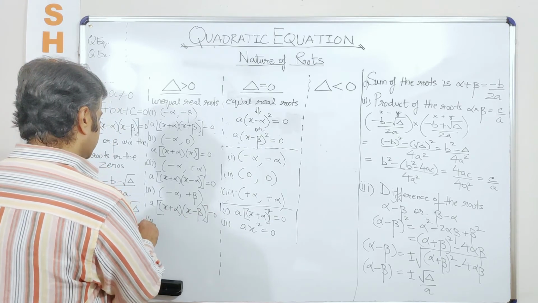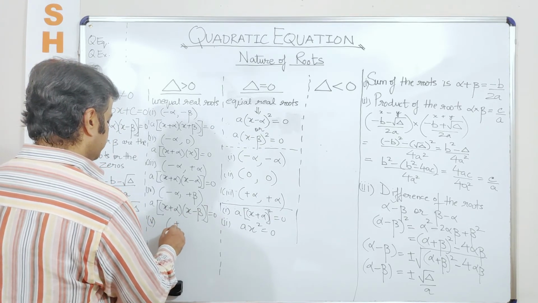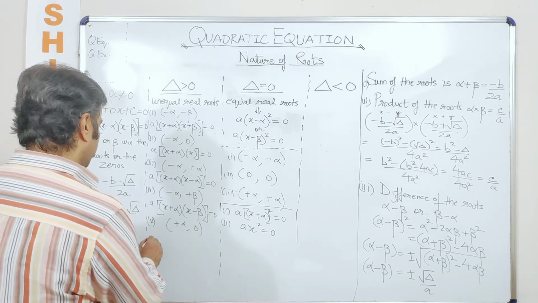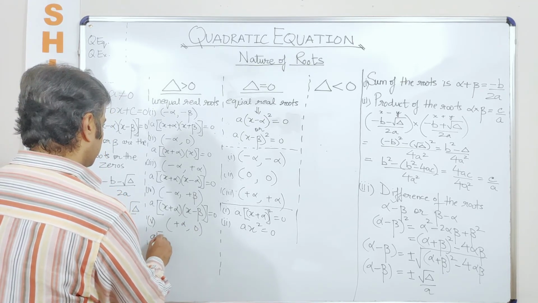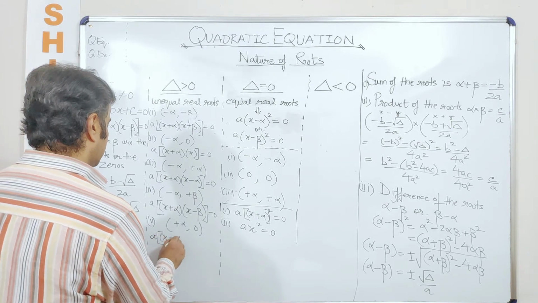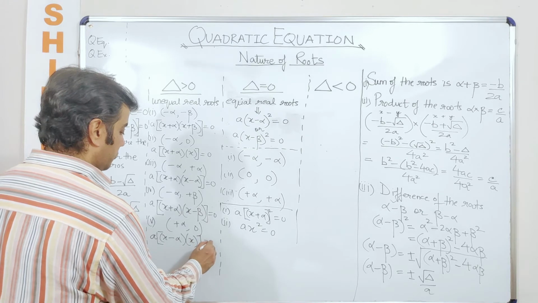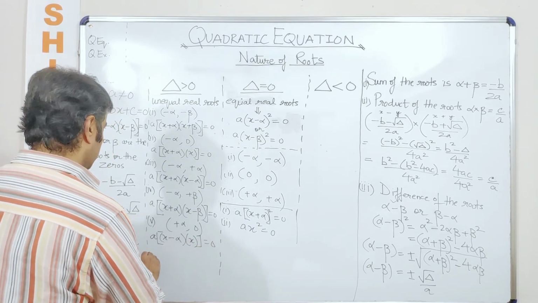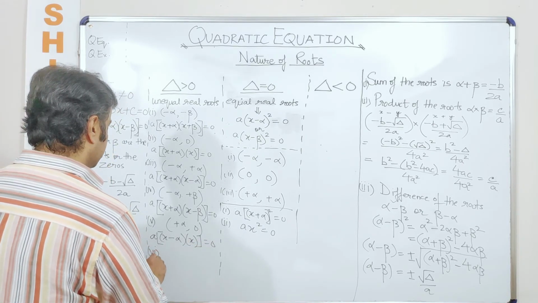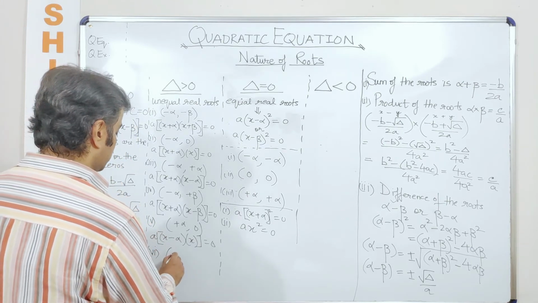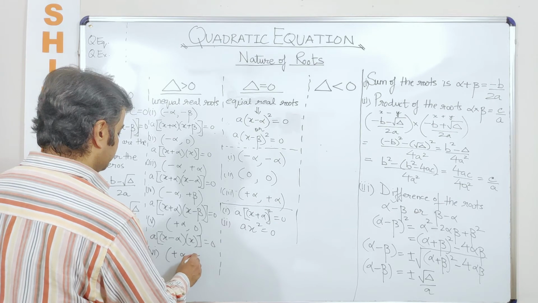Now the fifth case, let us say one root is positive and the other root is 0. So how will you write down the equation? The equation is a times of x minus alpha into x is equal to 0. The last case that I can write here is, let me first write down the roots: both the roots are positive, let's say plus alpha and plus beta.